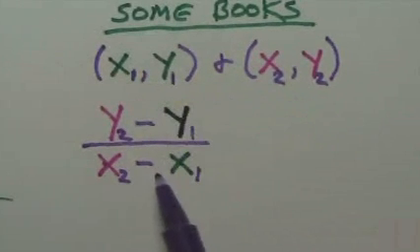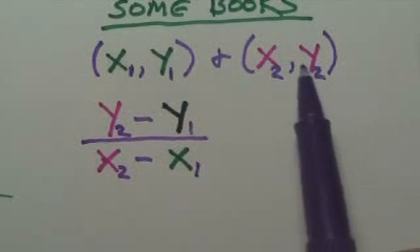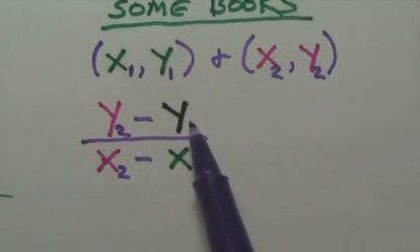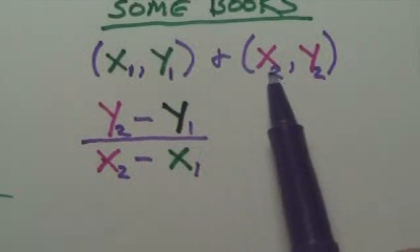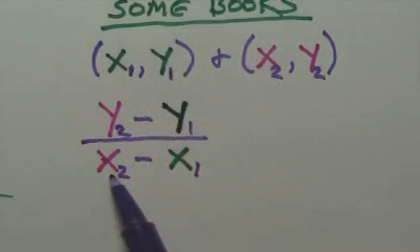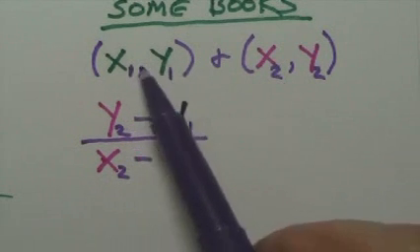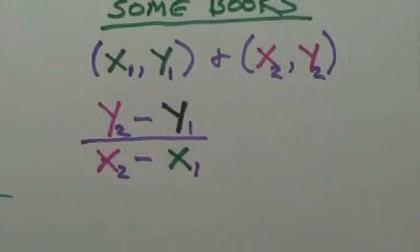Their formula for slope will be like this. They'll say y2 minus y1, this y minus this y, over x2 minus x1. See, now we've been doing just kind of like the opposite. We've been saying this y minus that one, this x minus that x.